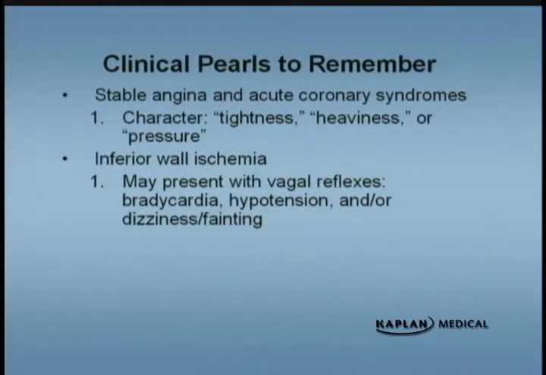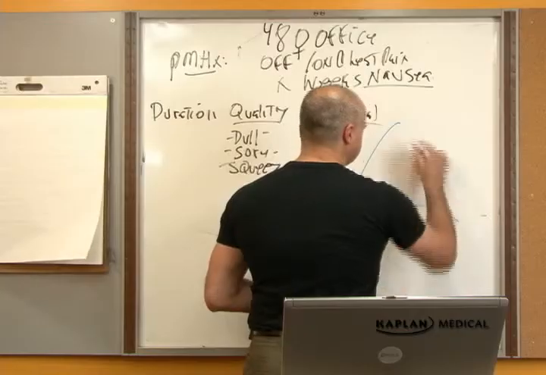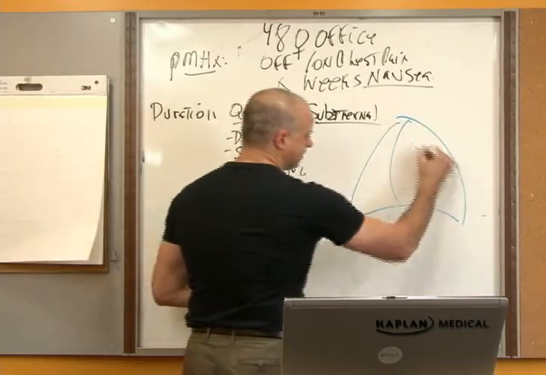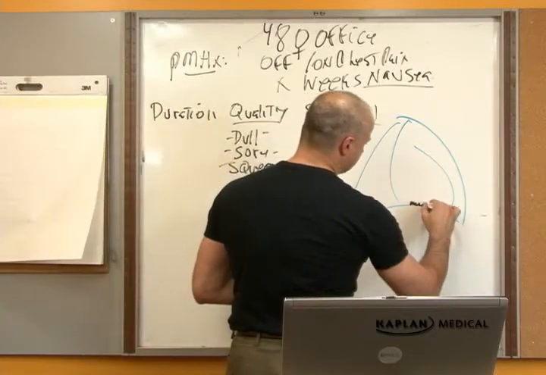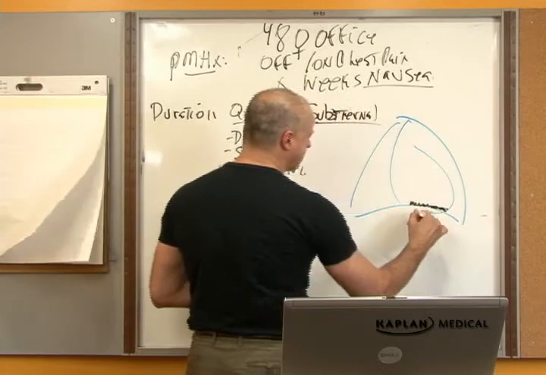Now, the inferior wall myocardial infarction. In the inferior wall infarction, the heart is pressing on the diaphragm. In other words, if this is the chest, and this is the heart inside the chest, the inferior wall is in fact on top of the diaphragm.